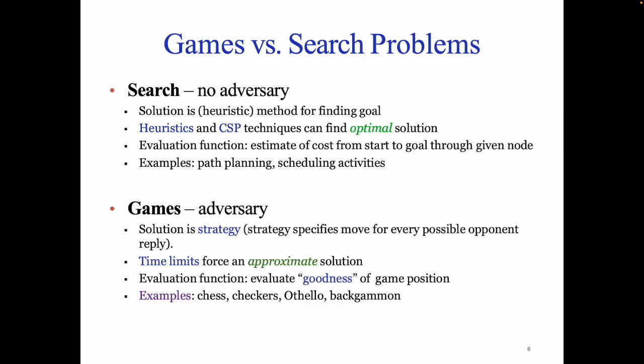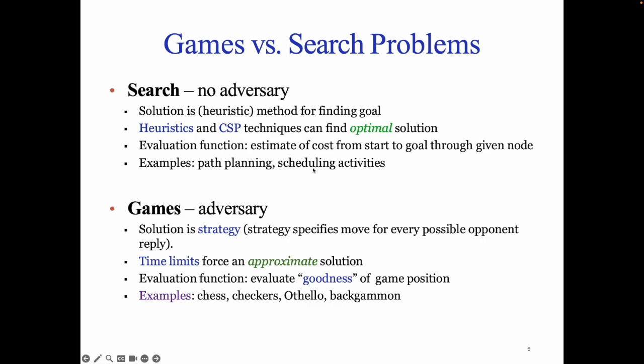If you remember, the heuristic was the estimation of the cost from where you are to the goal. And we also had another function where we had the exact cost from the initial state to the state where we are. So that was all about search, right?